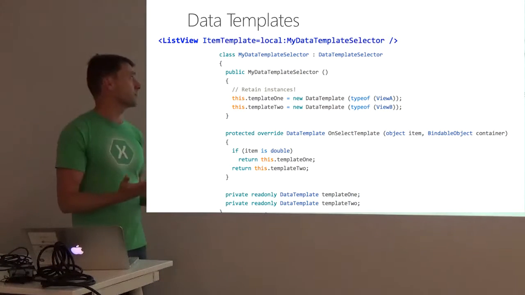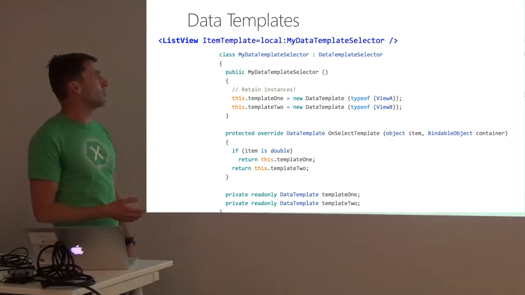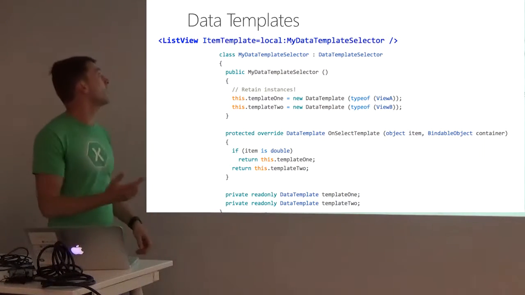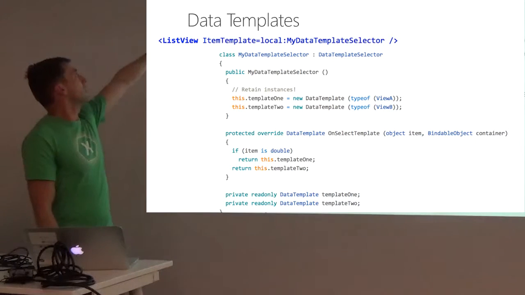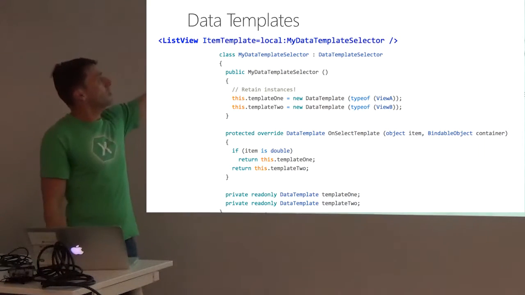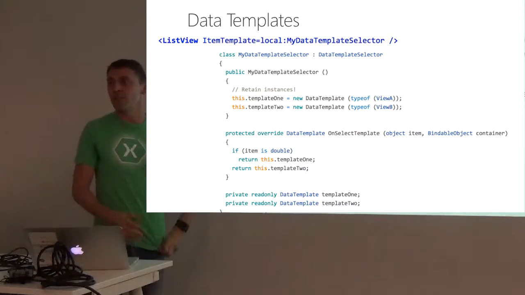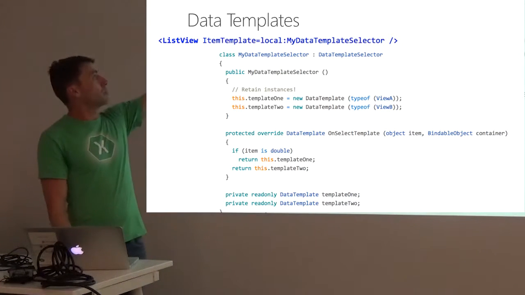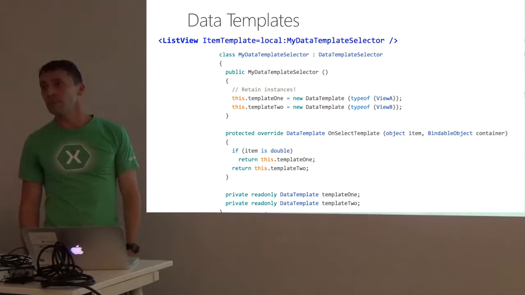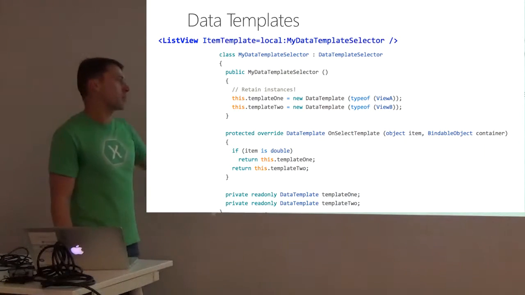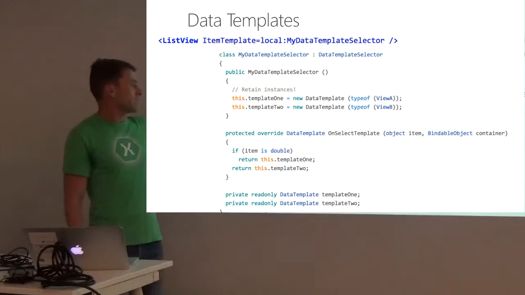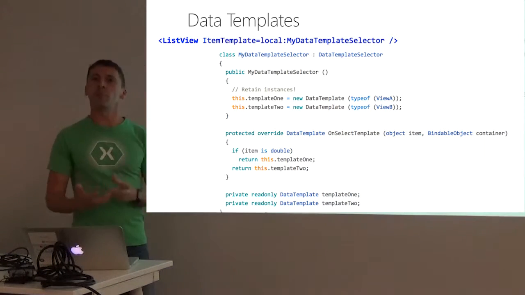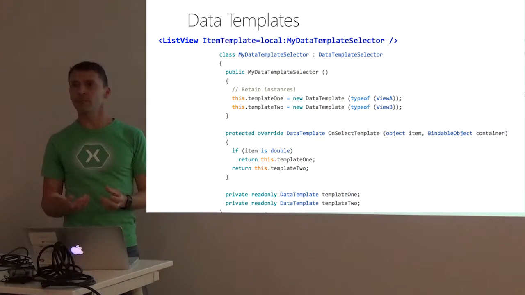so data templates. So I've just included a really simple copy and paste from our sample on the website. So in your list view control now, you can set your template, instead of being to a template that's defined in your resource dictionary, set it to a data template selector, which is a class that can be as simple or as complex as you like, that decides based on something in the content which template to use when it's rendering.